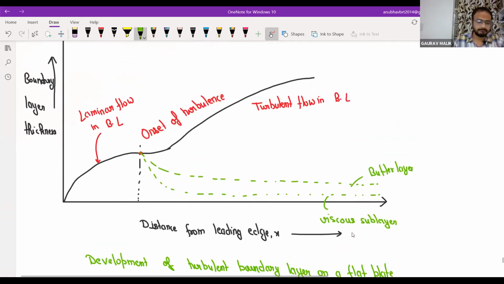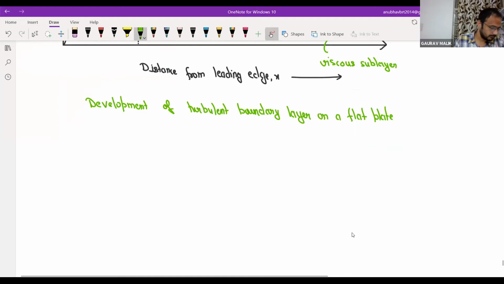Draw this diagram. Write down the next point.